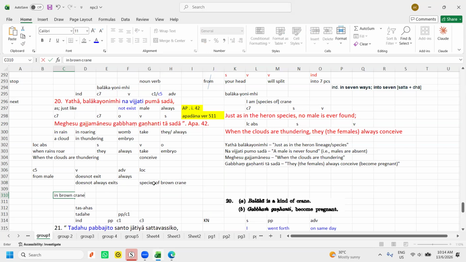The word here is always, this one plus this one. If you put always and not, it becomes seldom. Always and not, here always exists, and then seldom found.